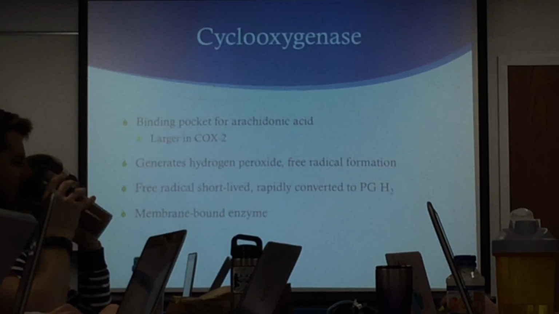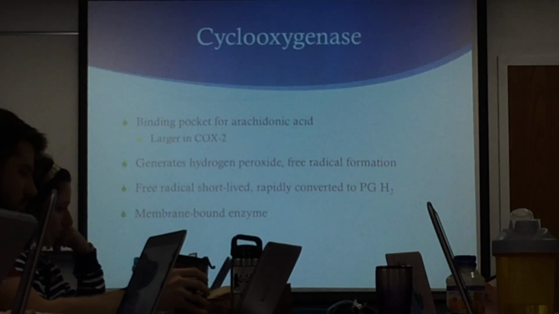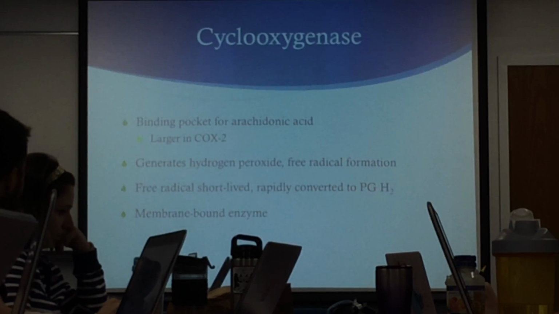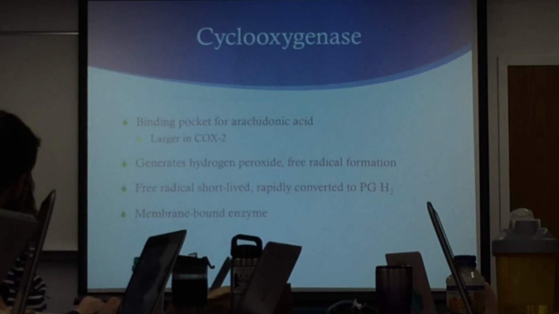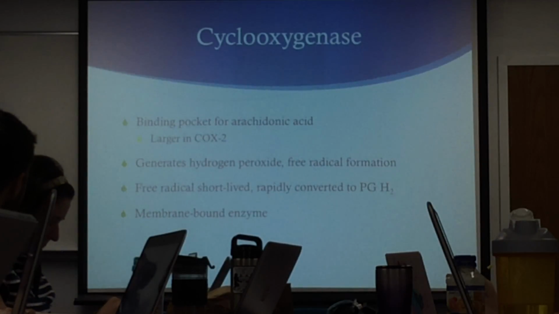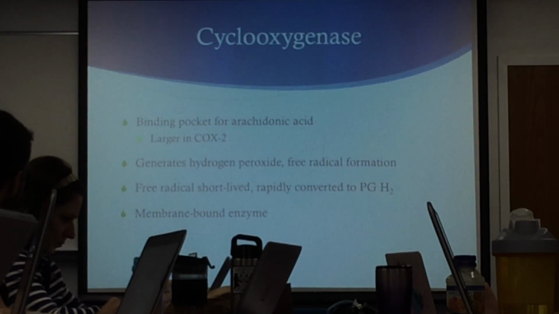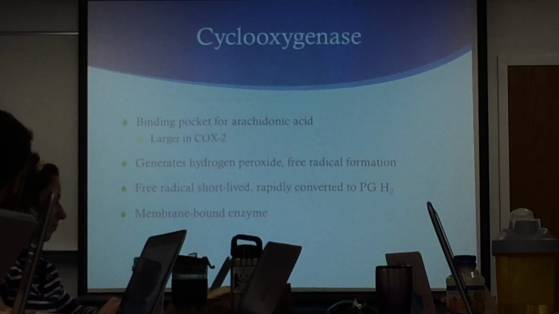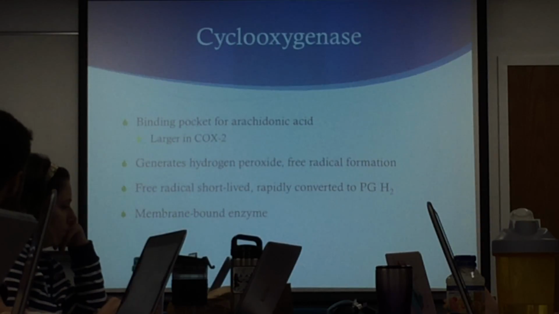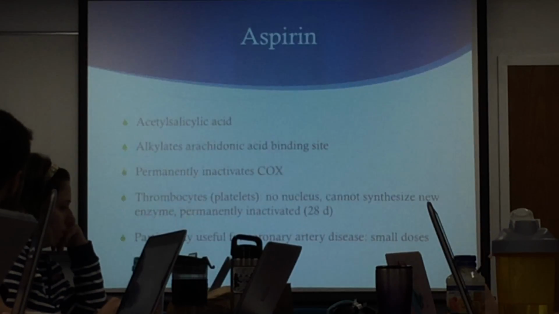It degrades to PGH2, and then you go on to release that and generate other prostaglandins. It's a membrane-bound enzyme, which makes sense because arachidonic acid is being liberated from membrane phospholipids. So the enzyme is held right there at that site of action. That makes the process much more efficient in converting it to PGH.